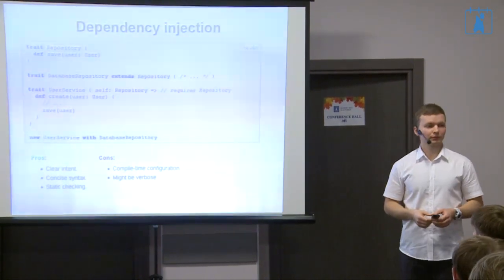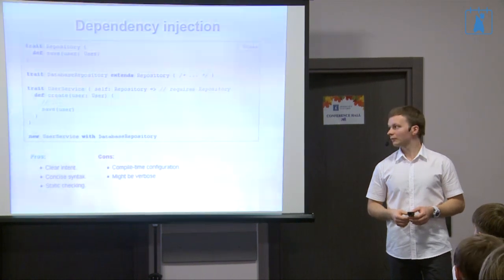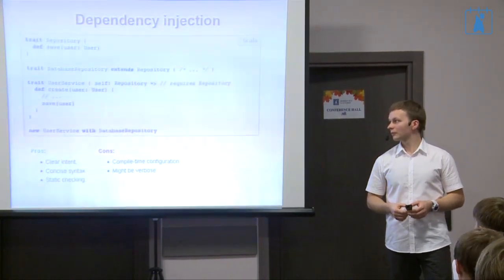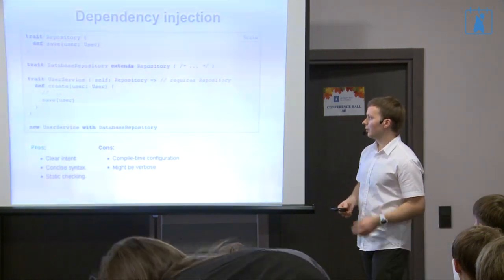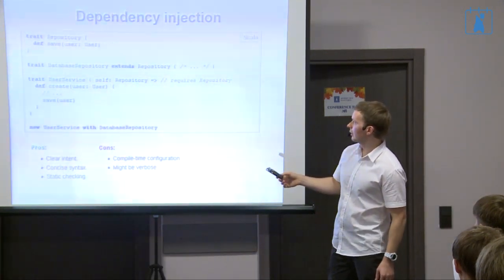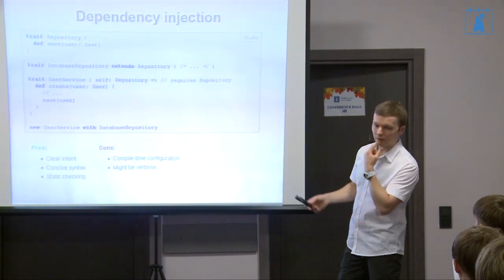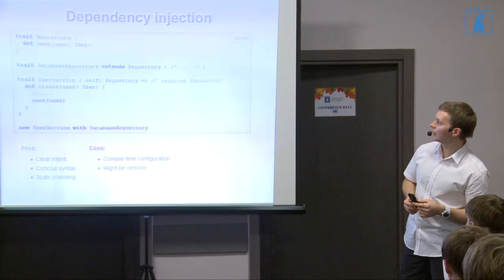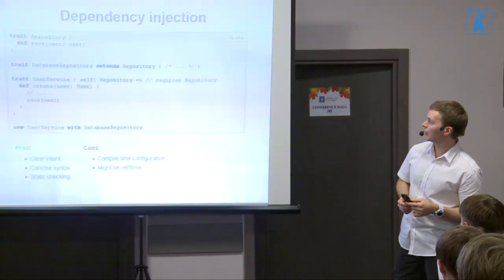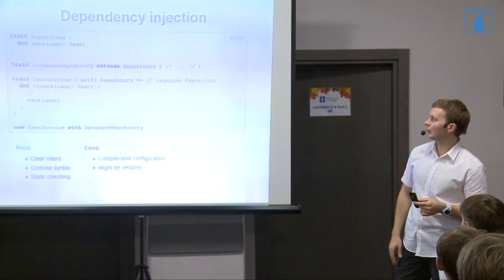What happens if user service will have its own save method?